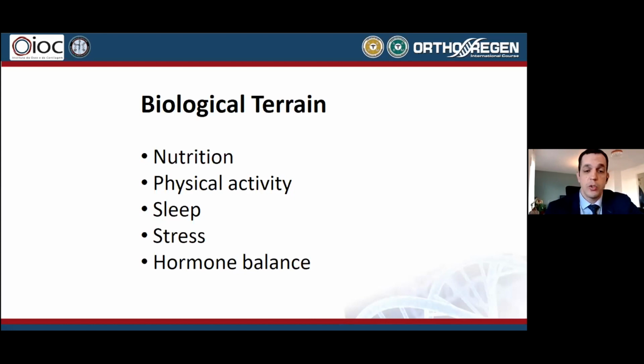Also the level of stress, because we know that cortisol, the main stress hormone, has a catabolic effect in our body, causing a decrease of muscle mass and also causing imbalance of glucose metabolism. And lastly, the hormone balance, which is very important, especially testosterone, which is linked to muscle mass and has a protective effect in our joints.